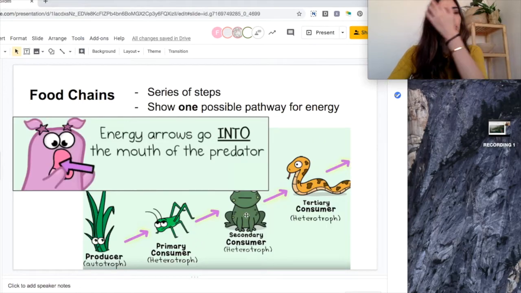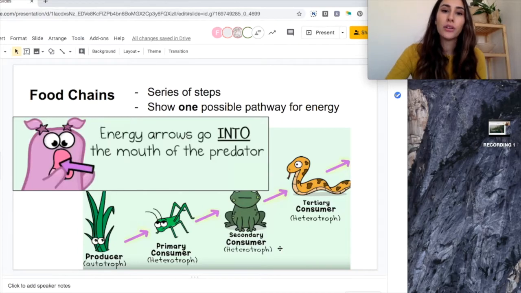If a consumer feeds on the primary consumer, that is going to be categorized as the secondary consumer. The predator or the organism that feeds on the secondary consumer is going to be categorized as the tertiary consumer. Okay, so this is where these categories come from.